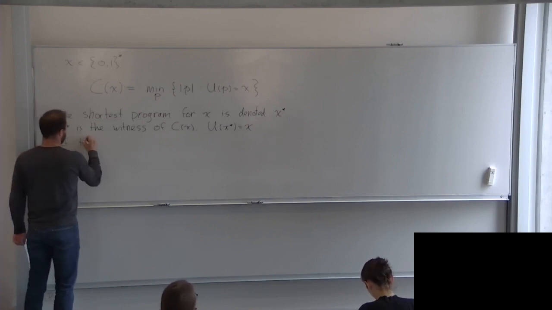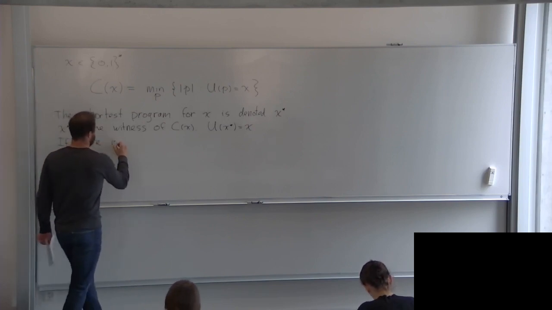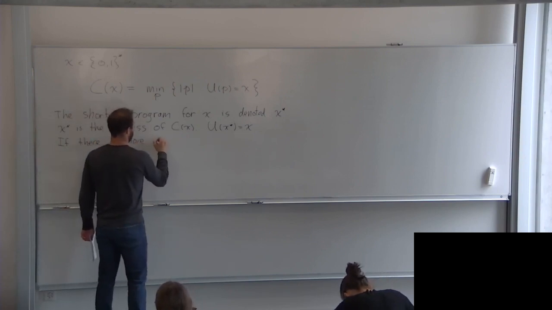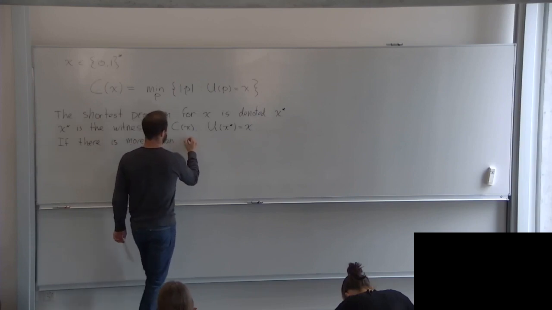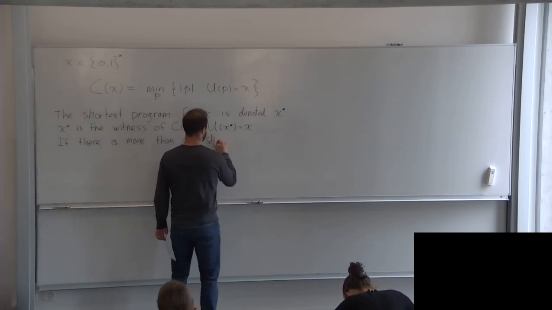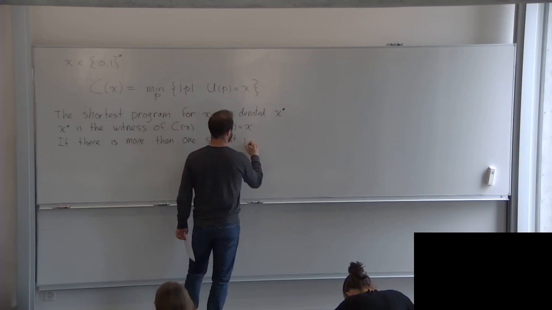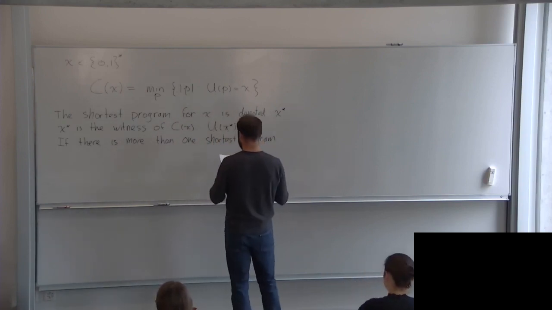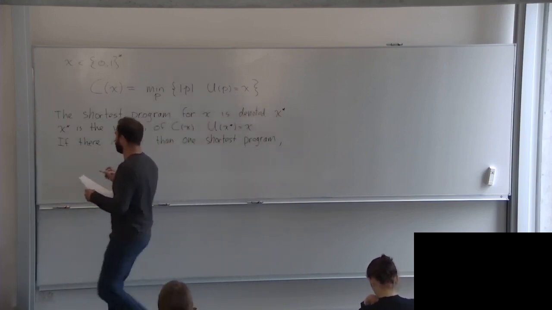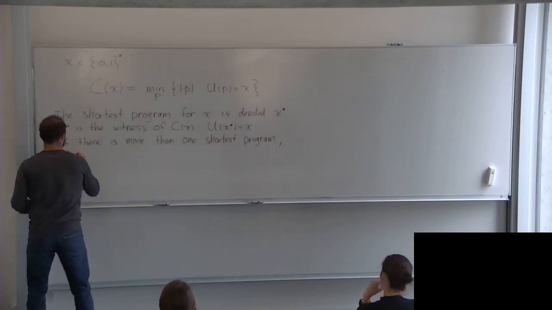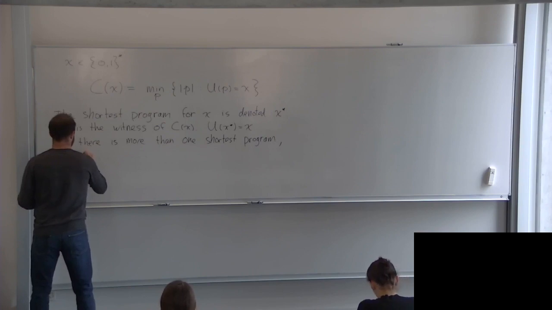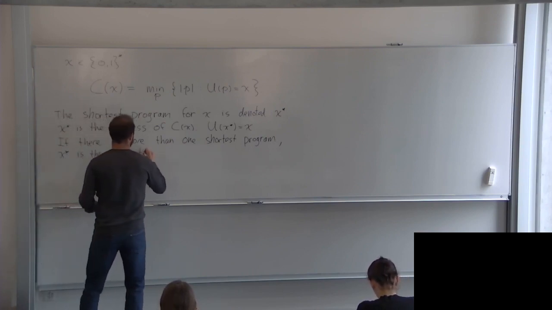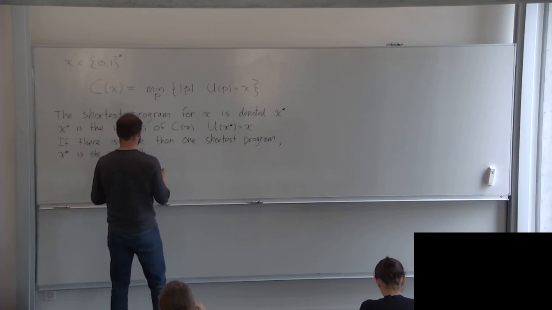If there is more than one shortest program, x star is the one with the least running time.